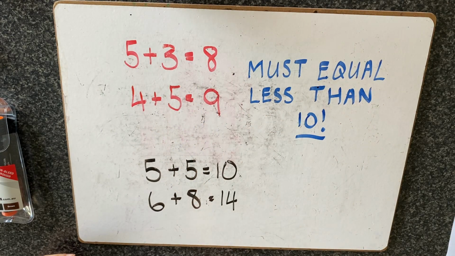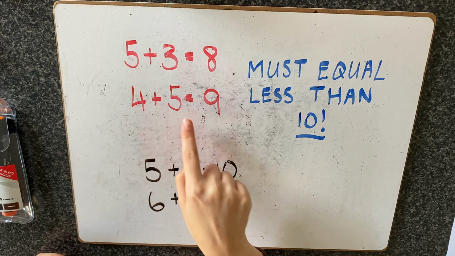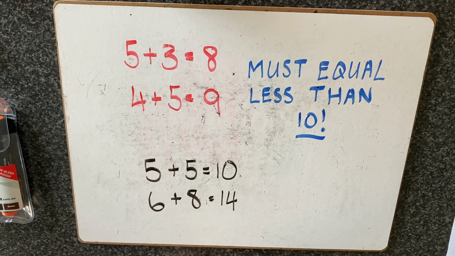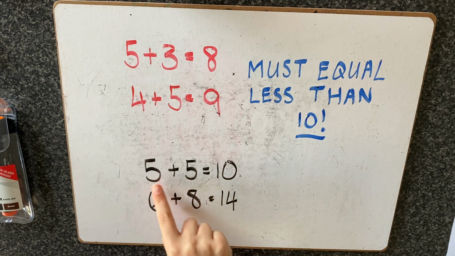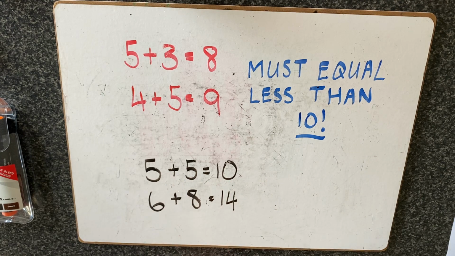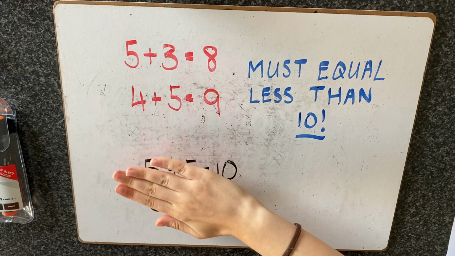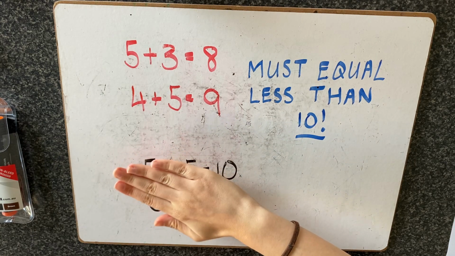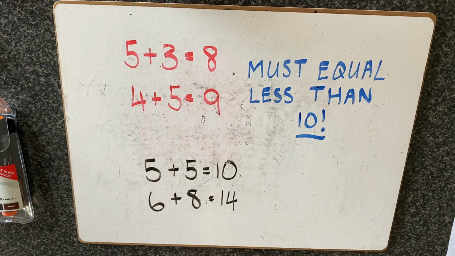It's still a 1-digit number. If I was to use 4 plus 5, it equals 9. It's still less than 10. But 5 plus 5 gives me 10, or for example, 6 plus 8 gives me 14. I can't use numbers that equal 10 or higher when using the split strategy.